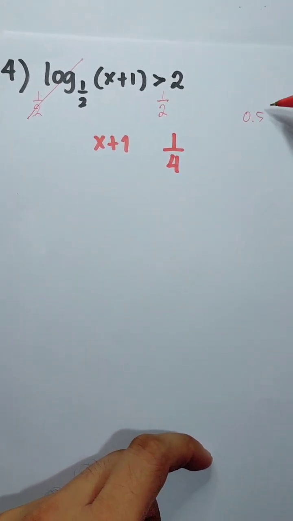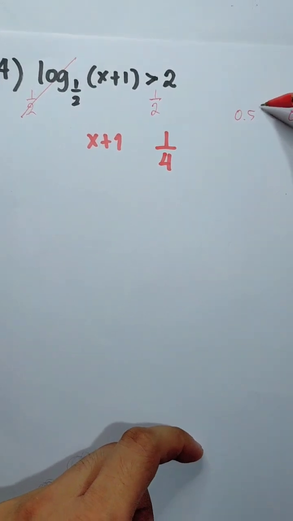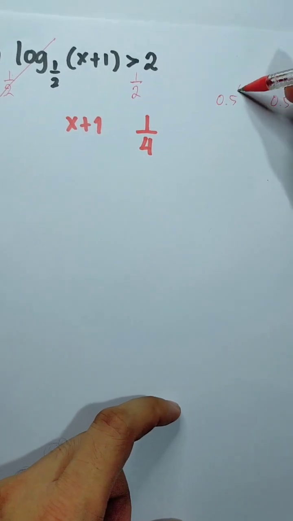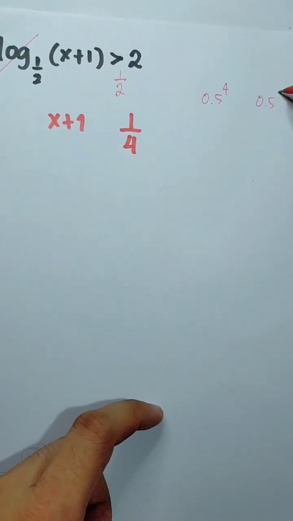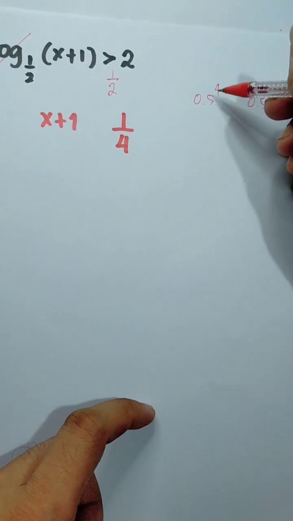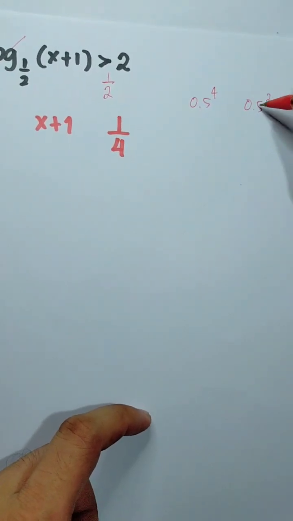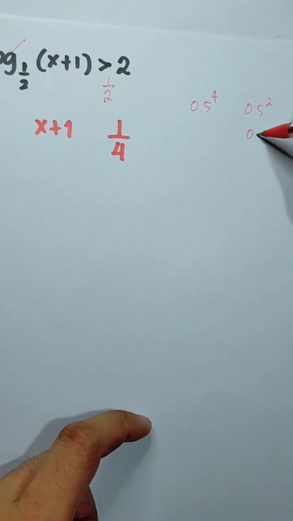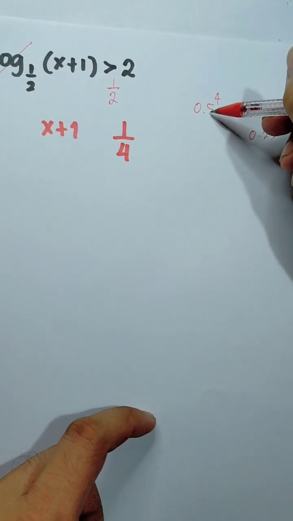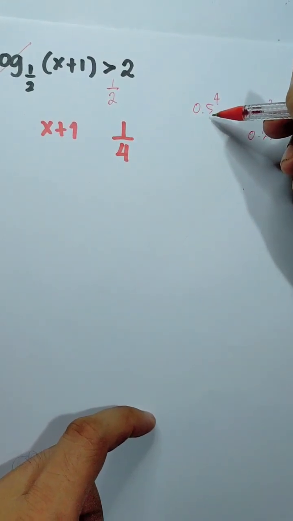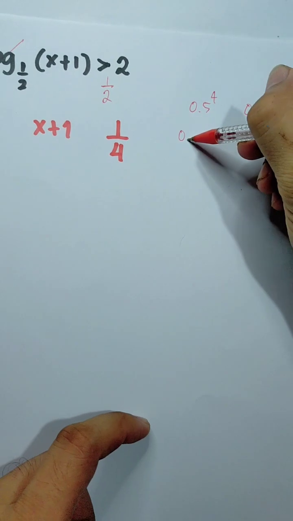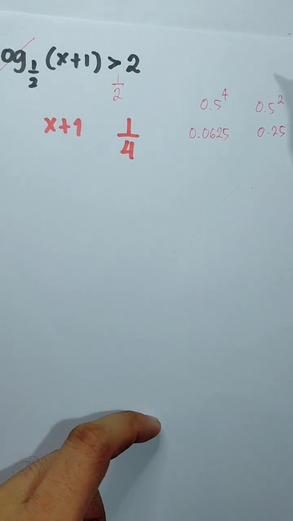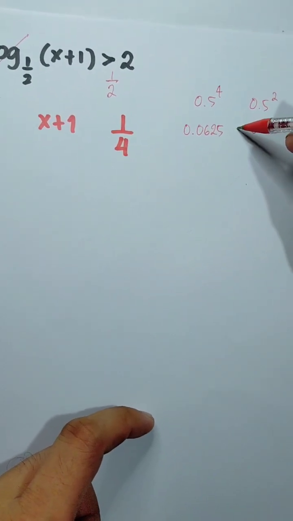If the denominator of this is bigger, say for example, let's try 4, and this one is smaller, let's try 2, then the value of this is 0.5 times 0.5 is 0.25, and this one you multiply 0.5 four times, you get 0.0625. So hence this one is greater.